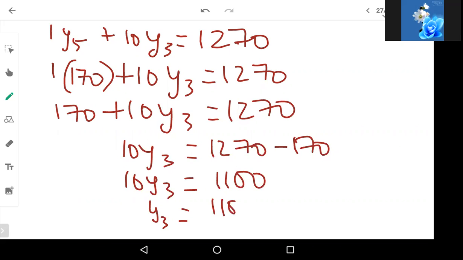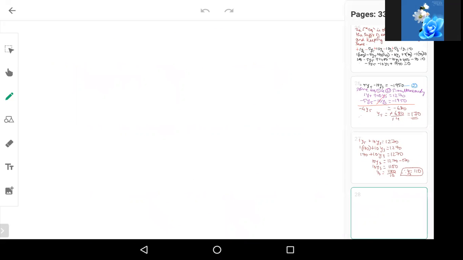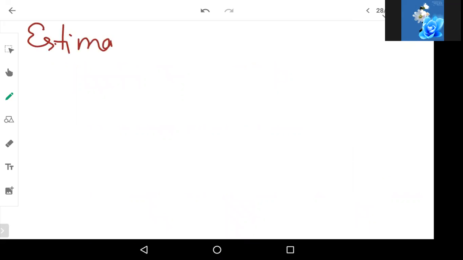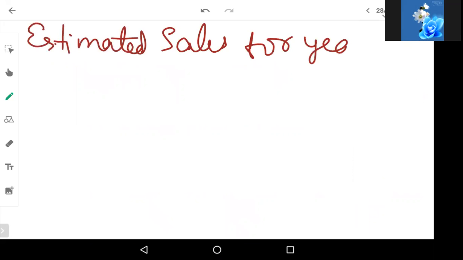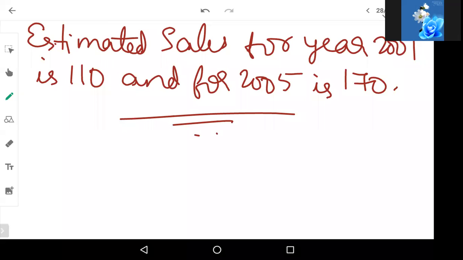Y3 will be 1100 by 10. Therefore, y3 will be 110. Now, since we know y3 and y5, we'll have to just write the conclusion that estimated sales for year 2001 is 110 and for 2005 is 170. So this is the final answer.